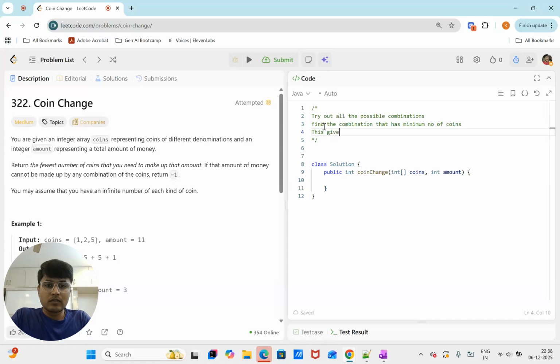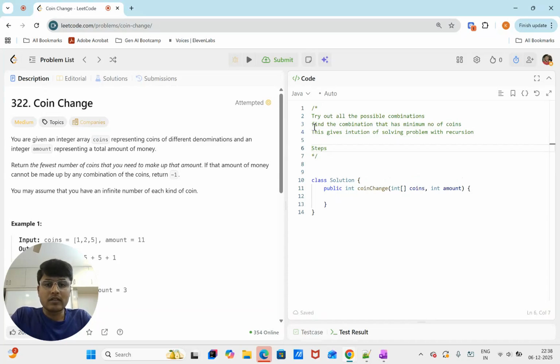This gives the intuition of solving the problem with recursion.